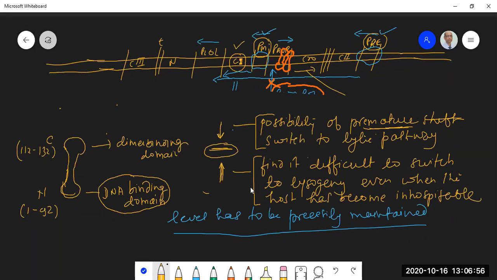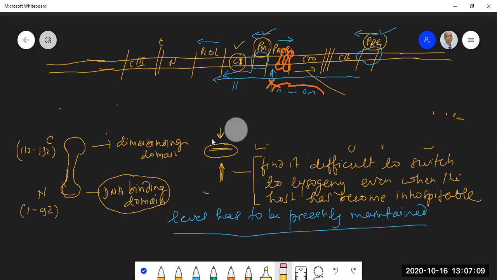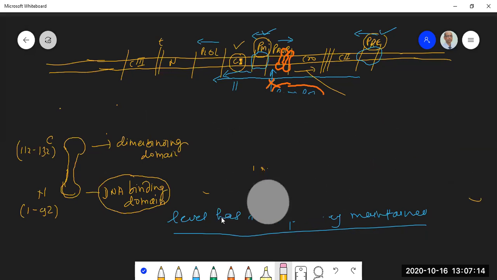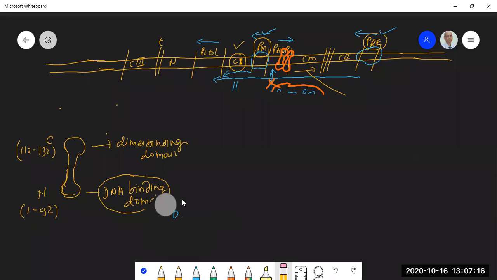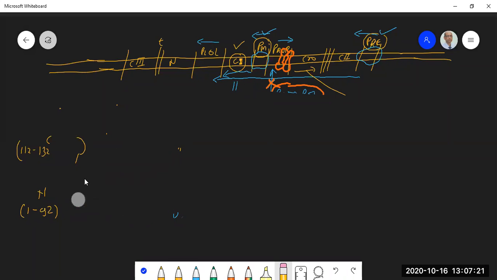So how do you regulate the level of repressor protein? Nature has devised a very simple but elegant design: it has put the level of repressor under its own control. The level of repressor protein is under its own control. We call it autogenous control.